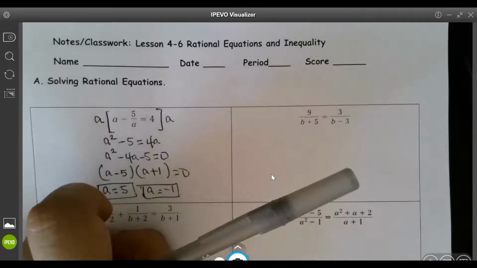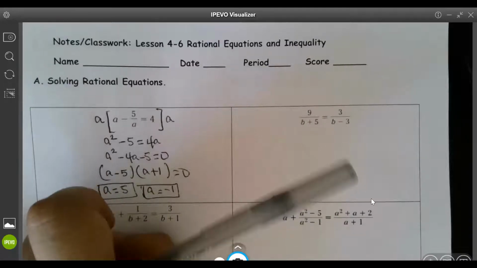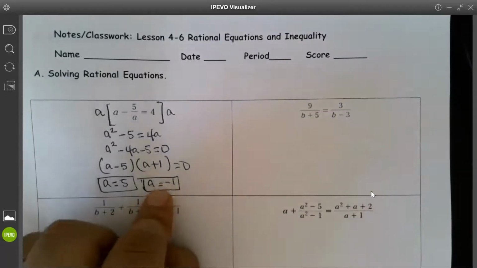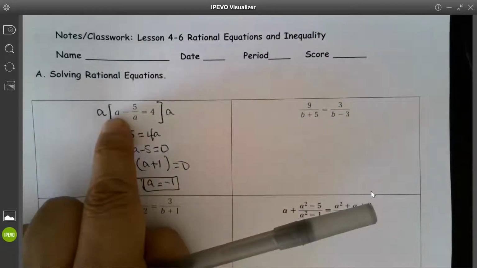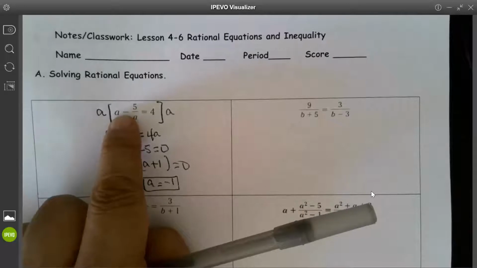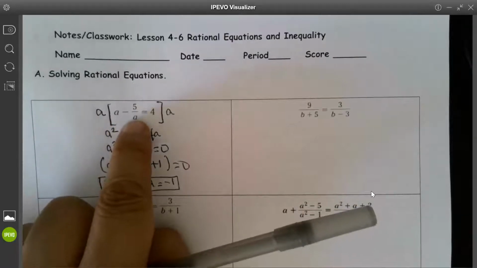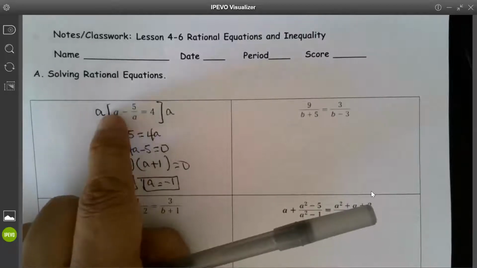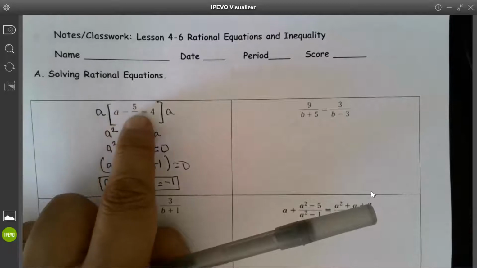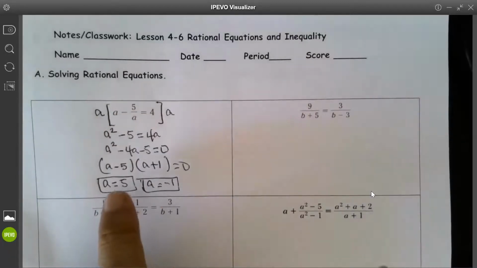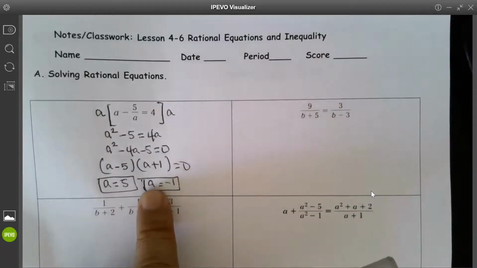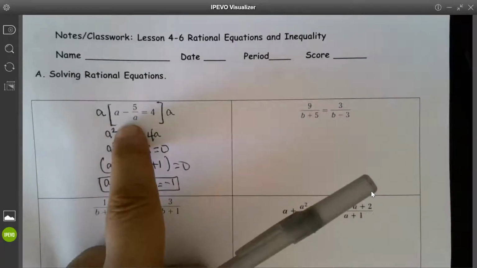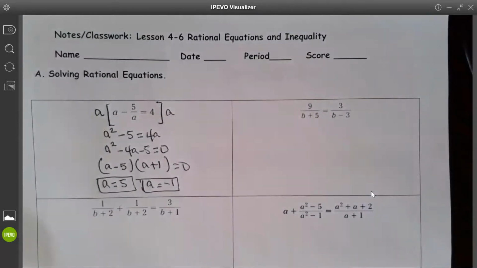Now let's try negative 1. If A is negative 1, negative 1 minus 5 divided by negative 1 is negative 5, minus minus is positive 5. Negative 1 plus 5 is equal to 4. So both 5 and negative 1 are roots of this rational equation.